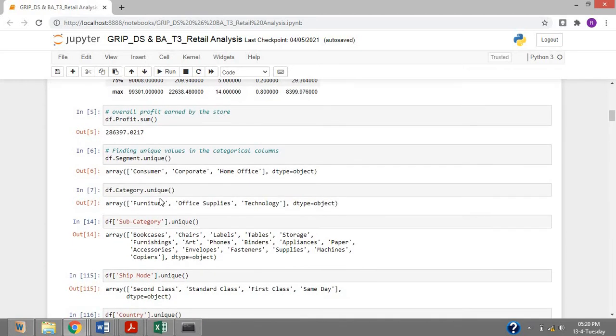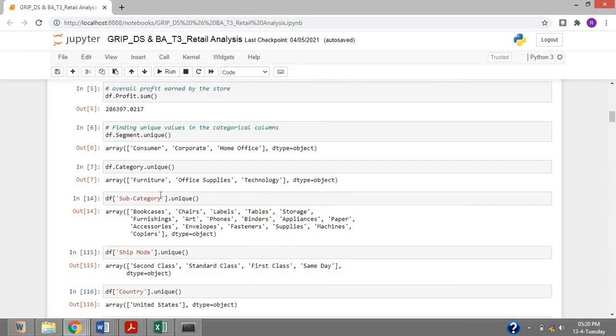We will now explore what the different categories are in the categorical columns. For that, we will use the unique method. We call the data frame df, choose the particular categorical column we are interested in, and apply the unique method.